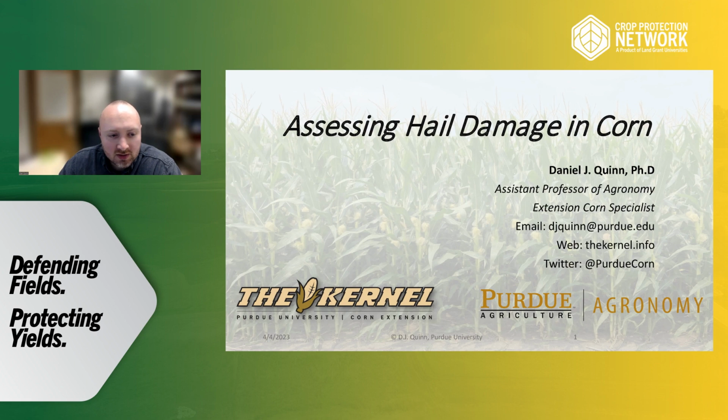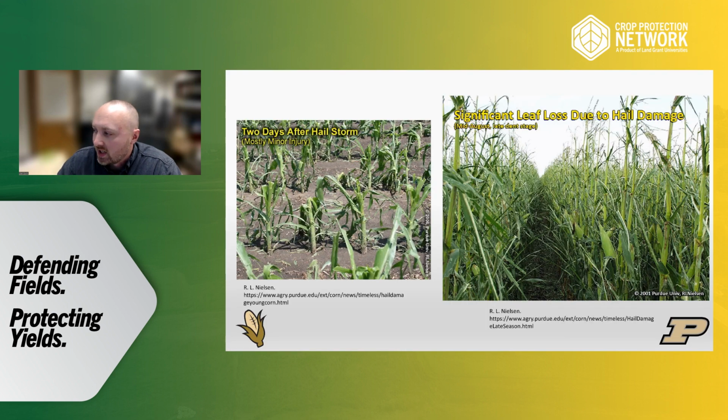Today we're going to be talking a little bit about assessing hail damage in corn. So the first slide I have here is just looking at two different time points during the growing season, where we are looking at how hail can impact corn.